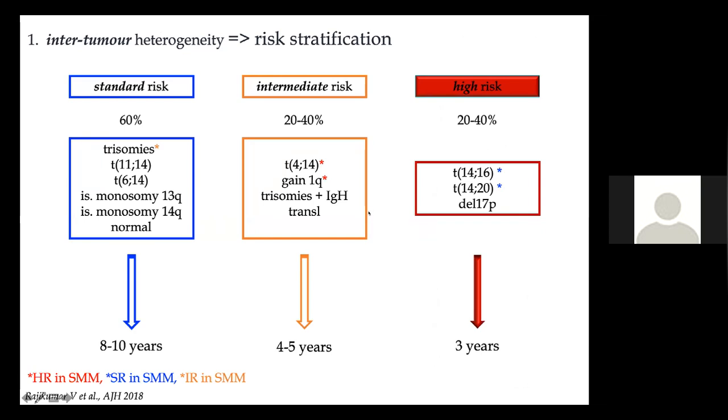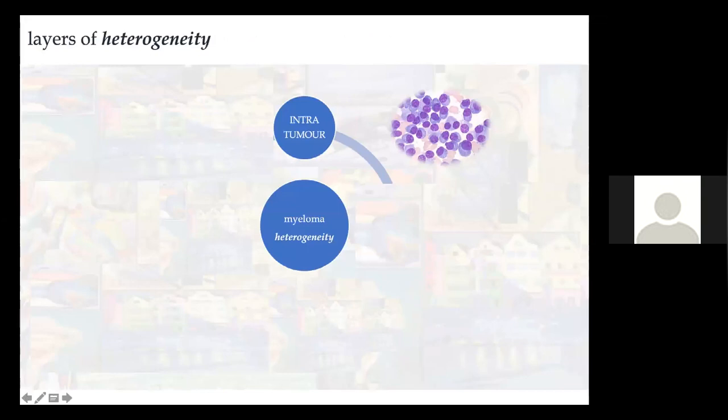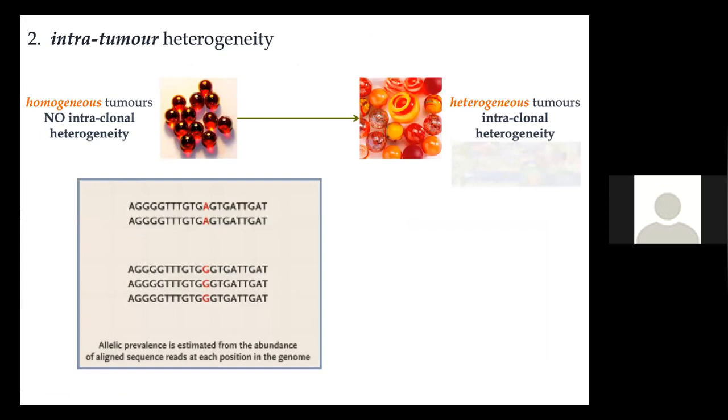For instance, here is shown one of the most recent stratifications employed for clinical purposes, and here are high-risk patients. As you can see, the main difference between these subgroups of patients is the duration of the progression-free survival.